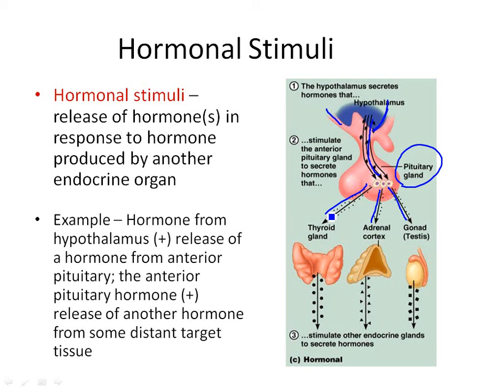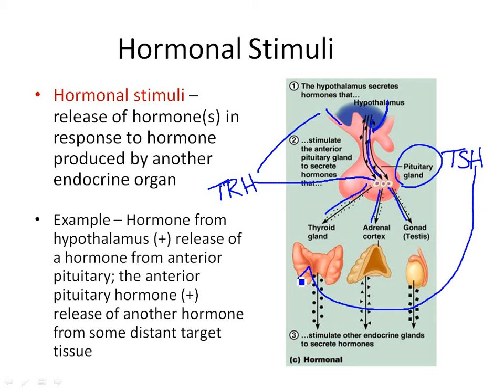We've got, in the first example, thyrotropin releasing hormone from the hypothalamus, which targets the anterior pituitary. The anterior pituitary releases thyroid stimulating hormone, which then targets the thyroid gland, which releases T3 and T4, which increase your basal metabolic rate.